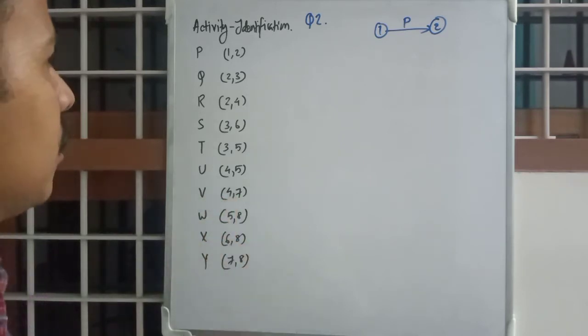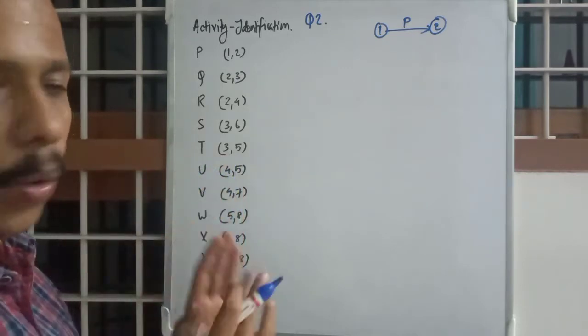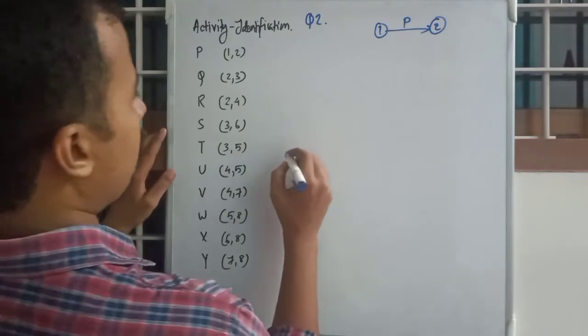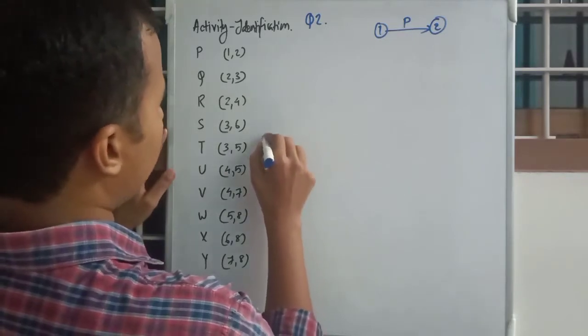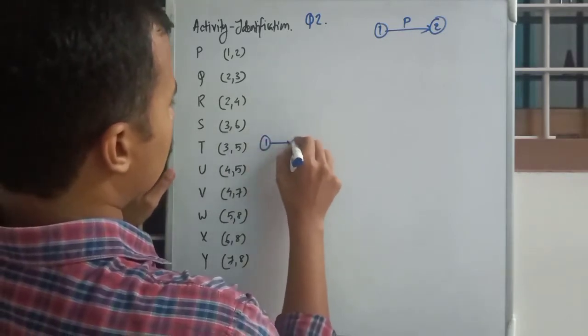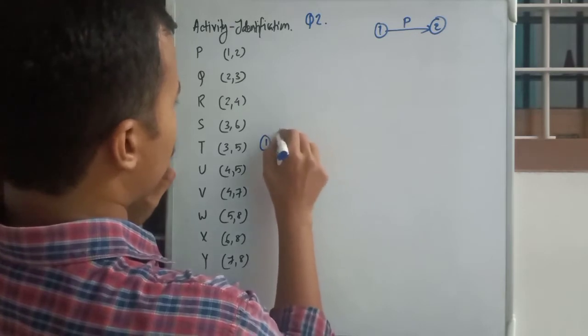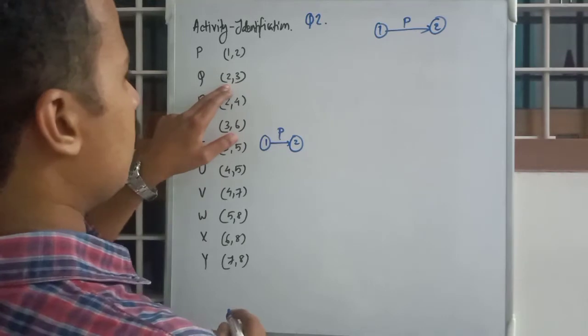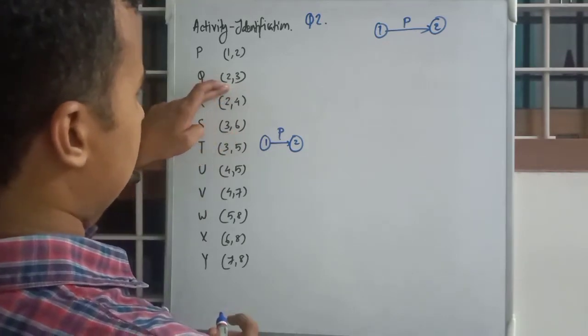That's it. So from this data we are going to draw the network diagram. P, you will start obviously from 1 to 2, that is P, and Q is from 2 to 3.